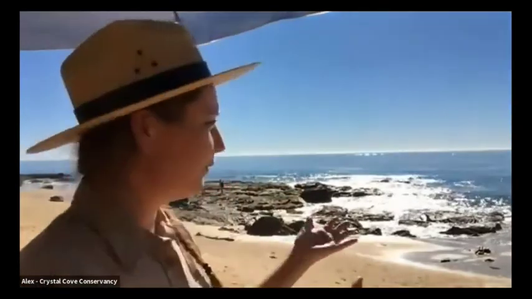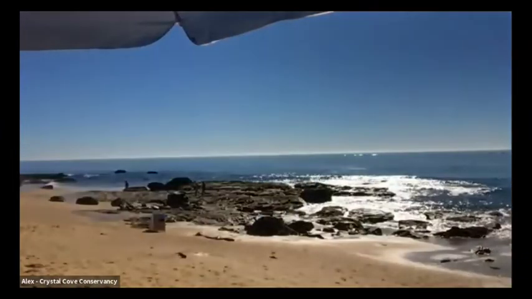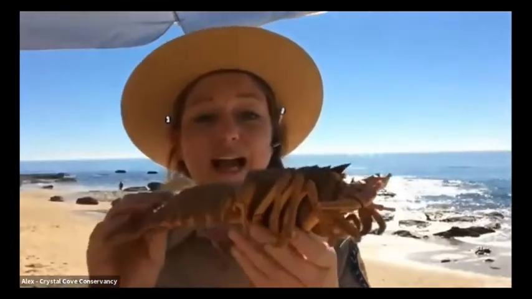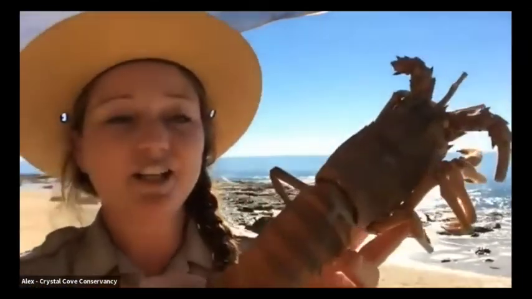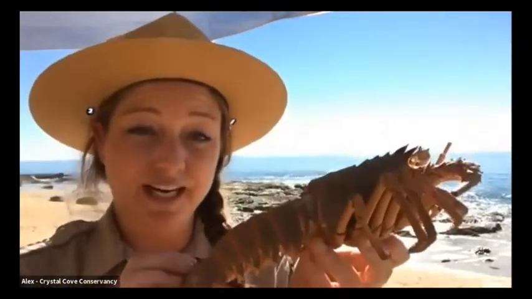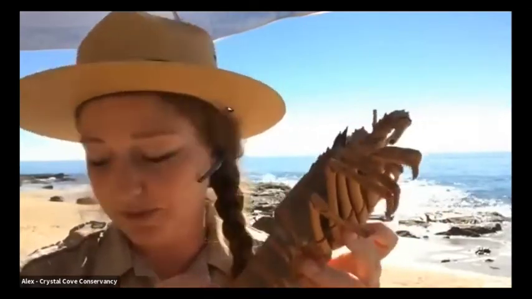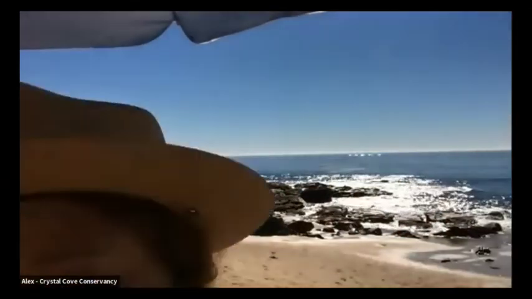Well, a lot of marine life in the ocean actually takes a really long time to reach sexual maturity, all right? So for instance, our California spiny lobster can take 3 to 5 years to reach sexual maturity. That's a very long time for them. A leopard shark can take up to 10 years to reach sexual maturity.